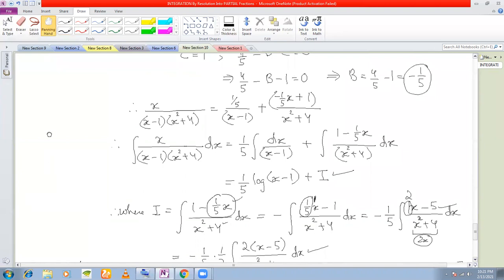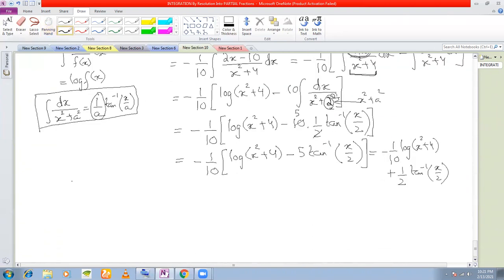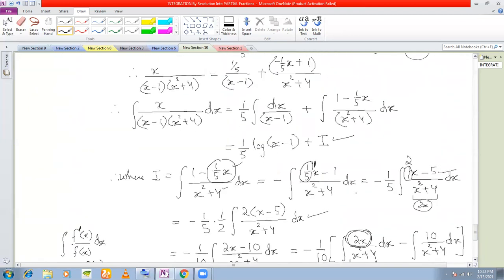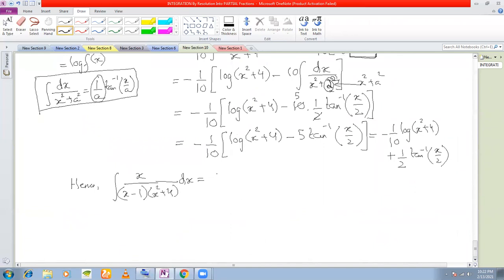So now just put it here. Therefore, hence, the integral of x by (x minus 1) into (x square plus 4) dx is equal to, what was it, 1/5 log of x minus 1 plus I, right?